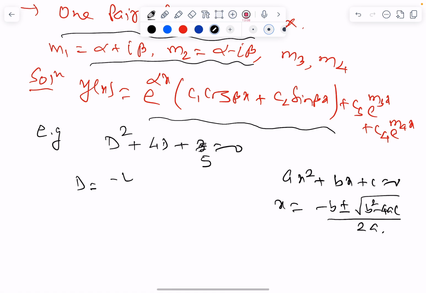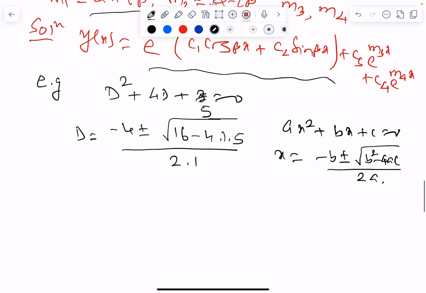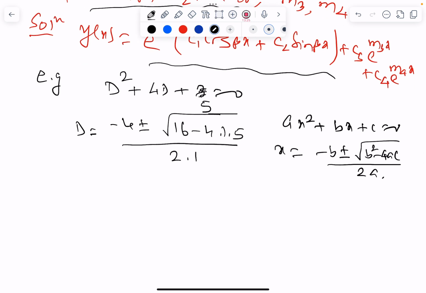Here a is 1, b is 4 and c is 5. So D equal to minus 4 plus minus root of 16 minus 20, divided by 2.